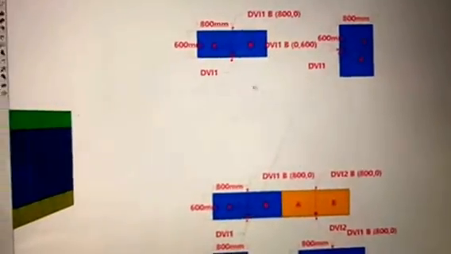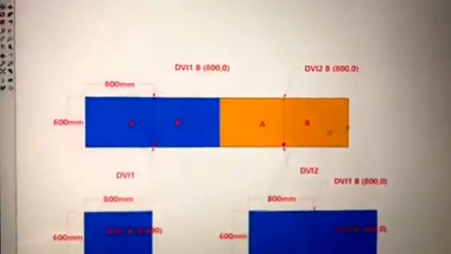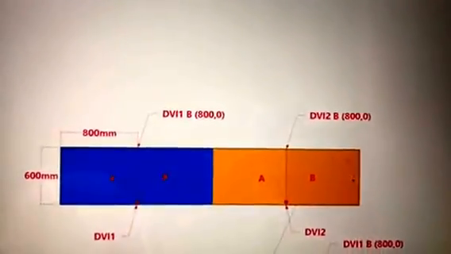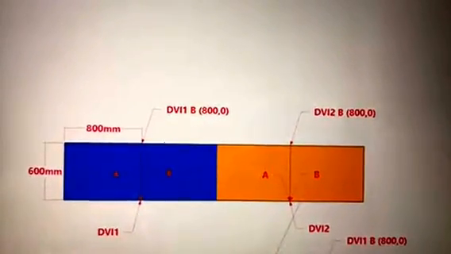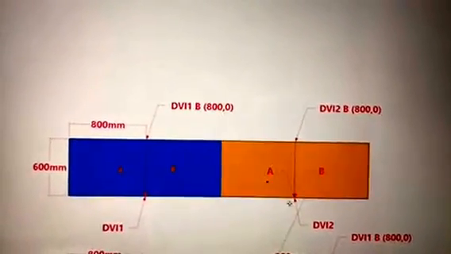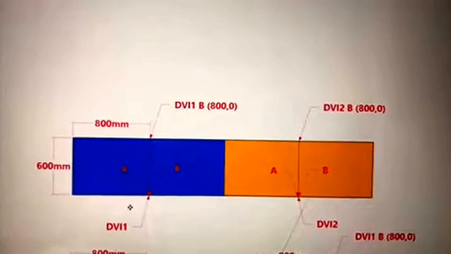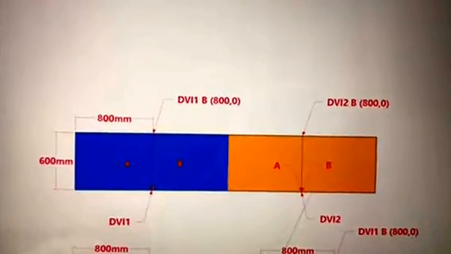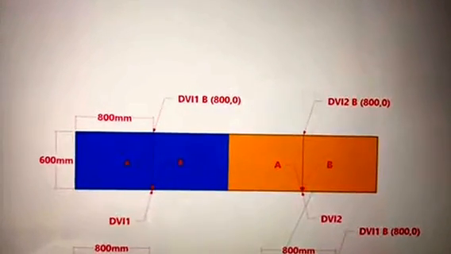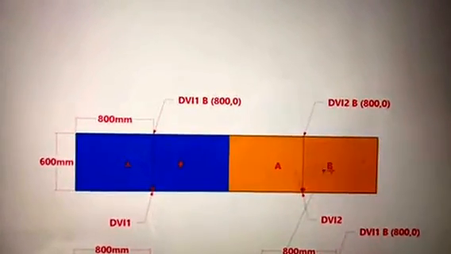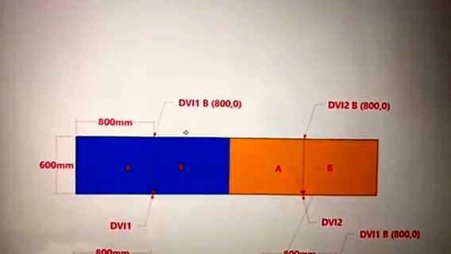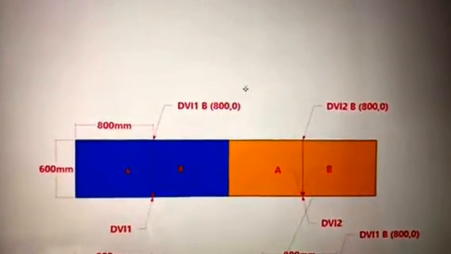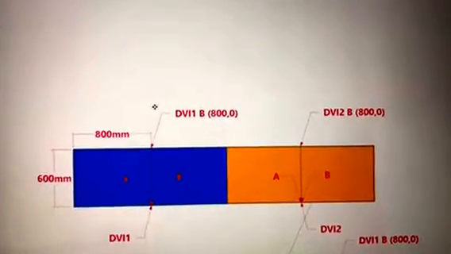Okay, now let's check another situation. As you can see here, we combine 4 screens horizontally, and there's 4 DVI outputs, okay? 4 DVI outputs. This one is DVI-1A, this is 1B, this is 2A, 2B. So for DVI-1B, we should set to 800, 0.